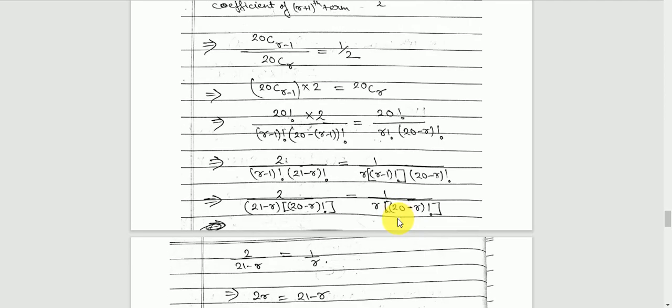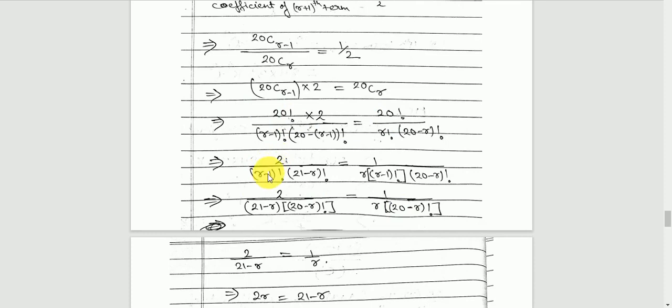So 20Cr-1 can be written as factorial 20 upon factorial (r minus 1), and in bracket factorial (20 minus r plus 1). Here you can write factorial 20 upon factorial r, factorial (20 minus r). So here factorial 20 and factorial 20 cancel.